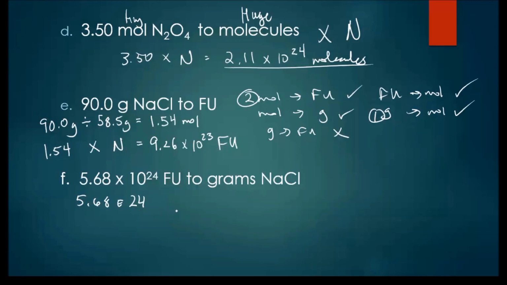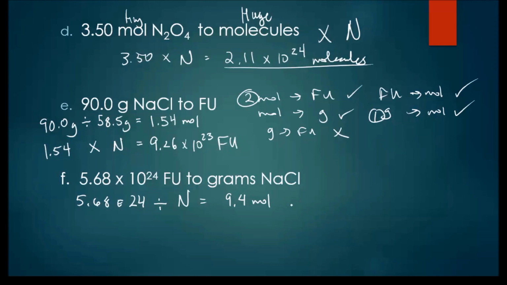Molar mass or Avogadro's number? Avogadro's number. Molar mass will not make it tiny. Avogadro's number will. 5.68 little e 24 divided by n gives you 9.4. Is that a tiny number? Yep. Tiny enough for me.